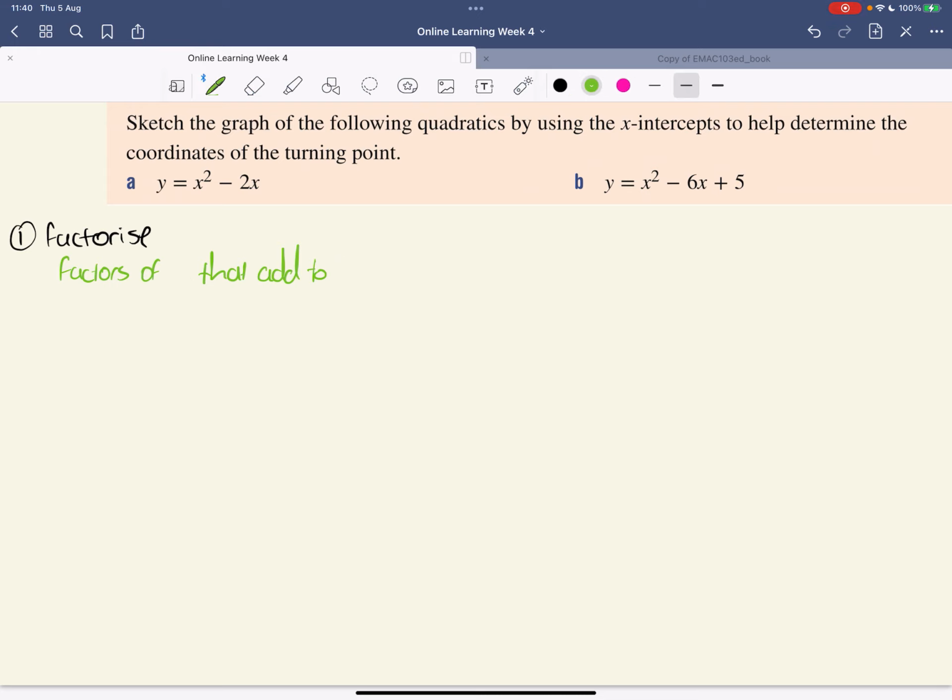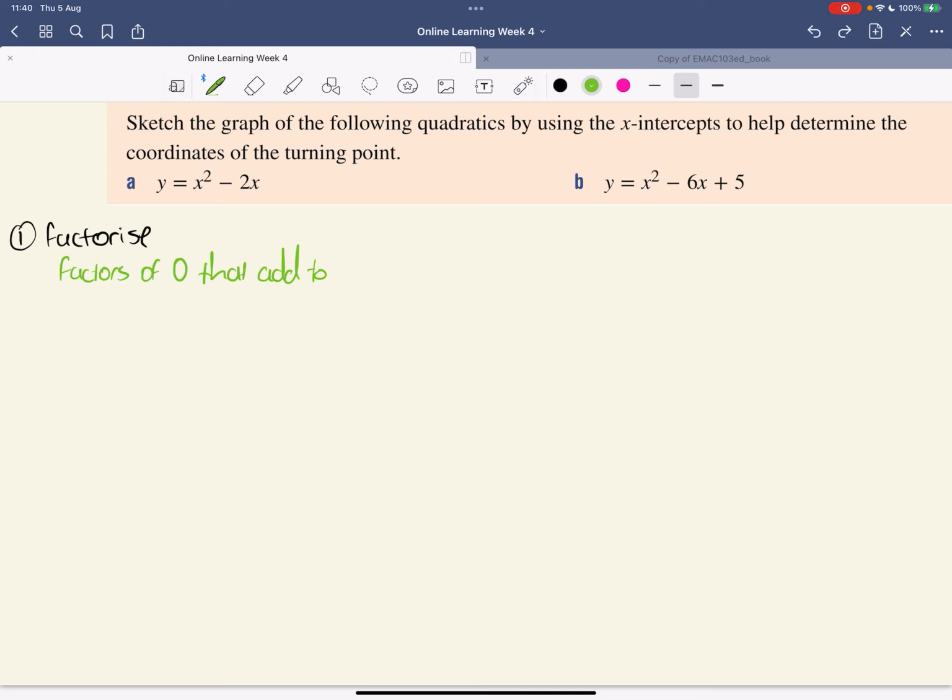Notice that with this particular quadratic, there is no C, so our C value is 0. Factors of A, which in this case is 1, and C, which is 0. Factors of 1 times 0, that's 0. As soon as there's a 0 on the end, your AC is always going to be 0.